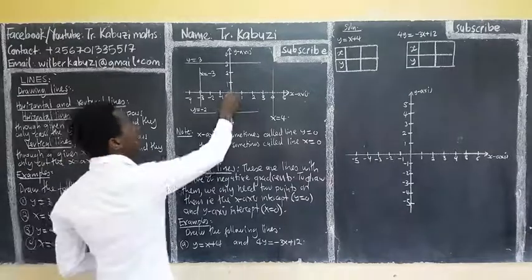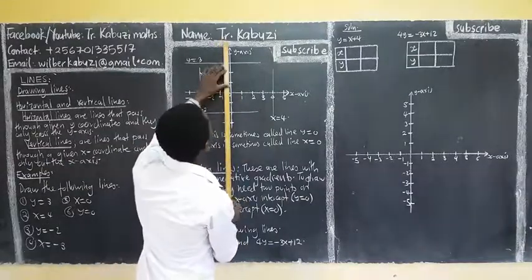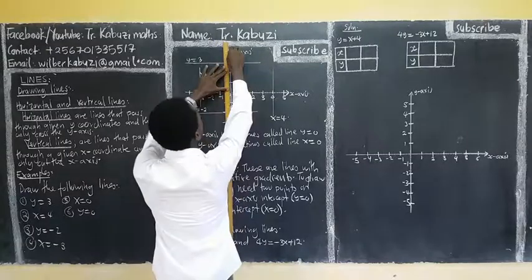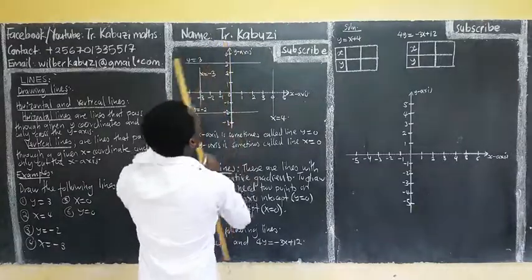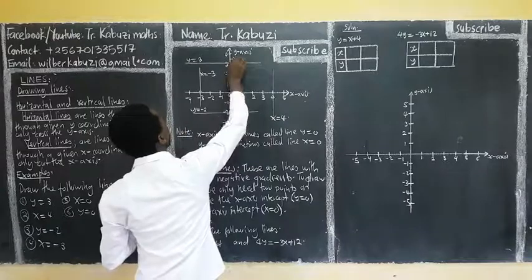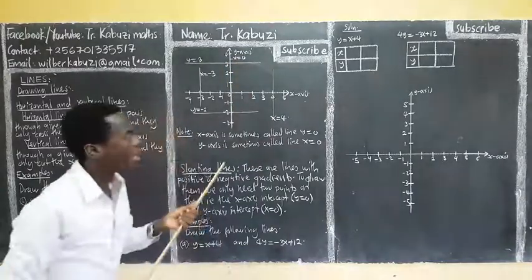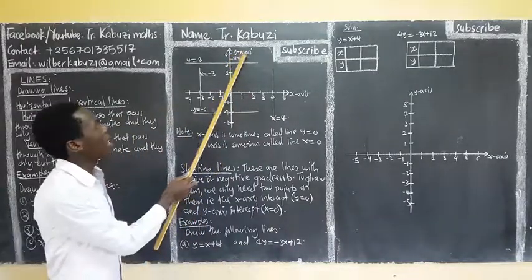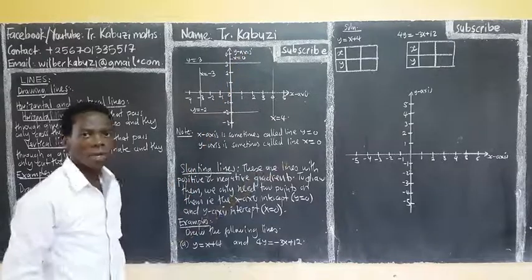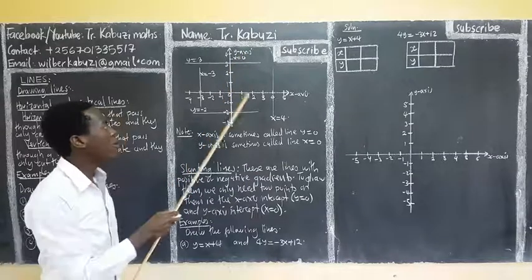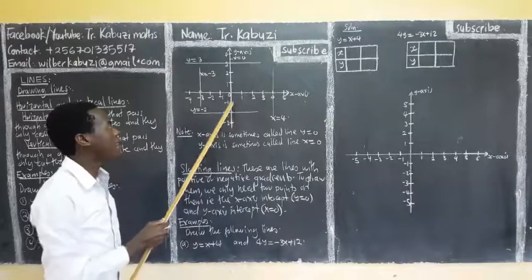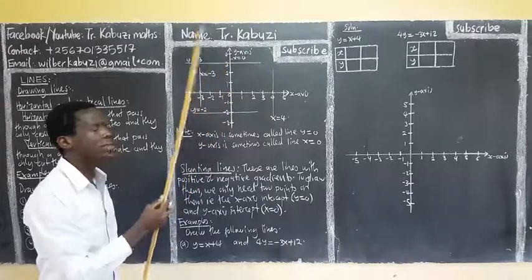This is where 0 is. So I draw this line, x equal to 0. So in simple terms, sometimes they call the y-axis the line x is equal to 0. Have you got the reason why? Because this is a line that cuts the x-axis passing through 0.